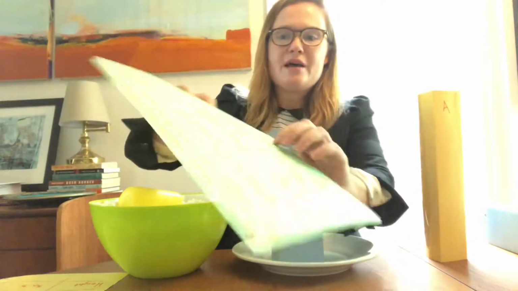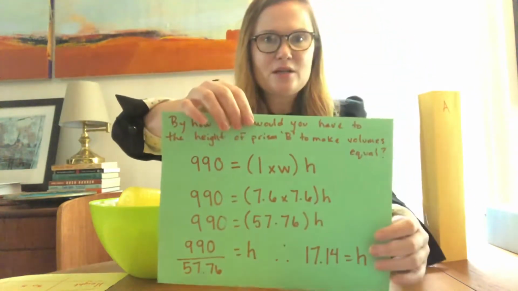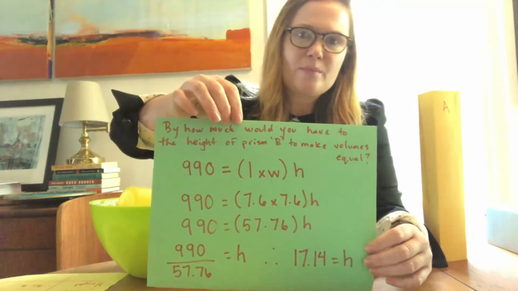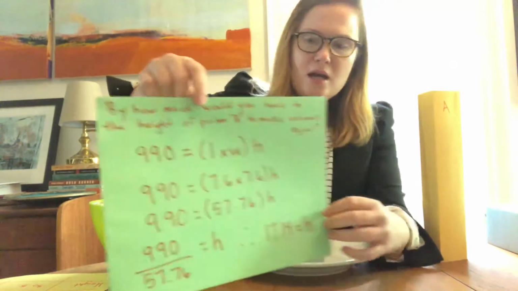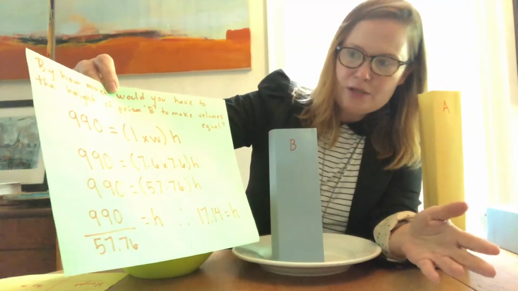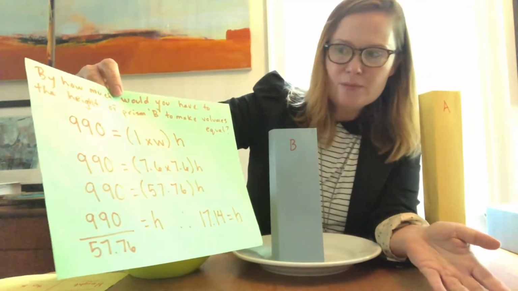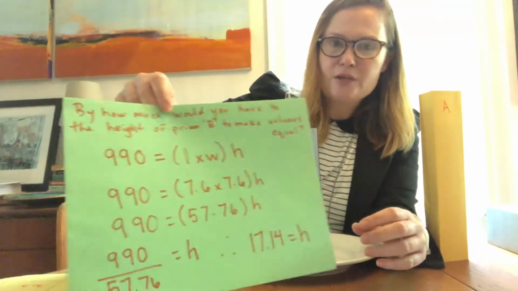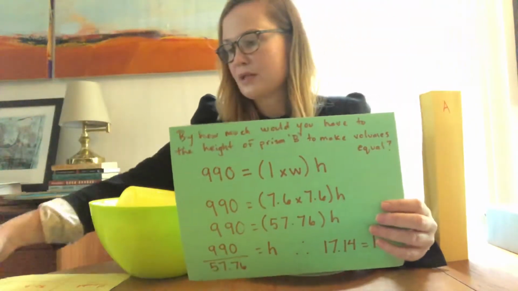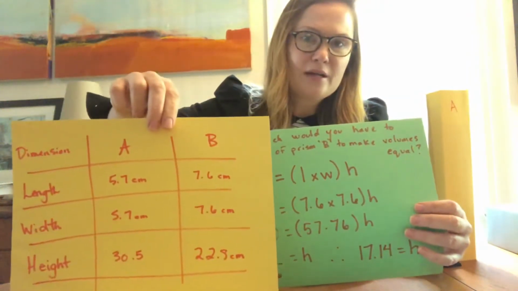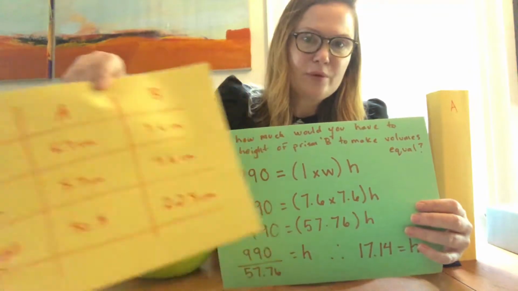I've done the math here algebraically. Depending on what level this lesson is delivered to, students may or may not be able to do it algebraically. Basically, I calculated the volume using the formula length times width times height, based on my original chart which set out the dimensions of both A and B.